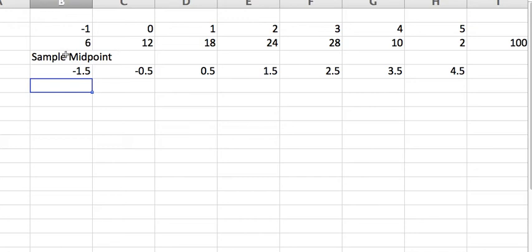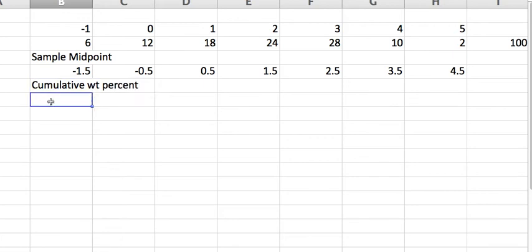So now we have the percentage of samples in each category. We have the sample midpoints, and now we're going to get the cumulative weight percent.